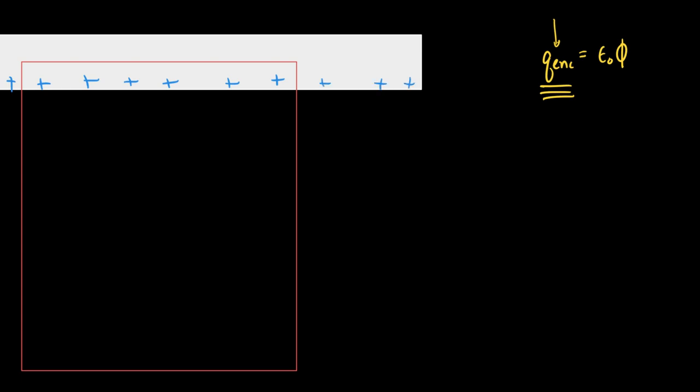So even though we buried our Gaussian surface inside the metal, the charges exist on the surface. So this will still be the charge enclosed. Everybody understand that?